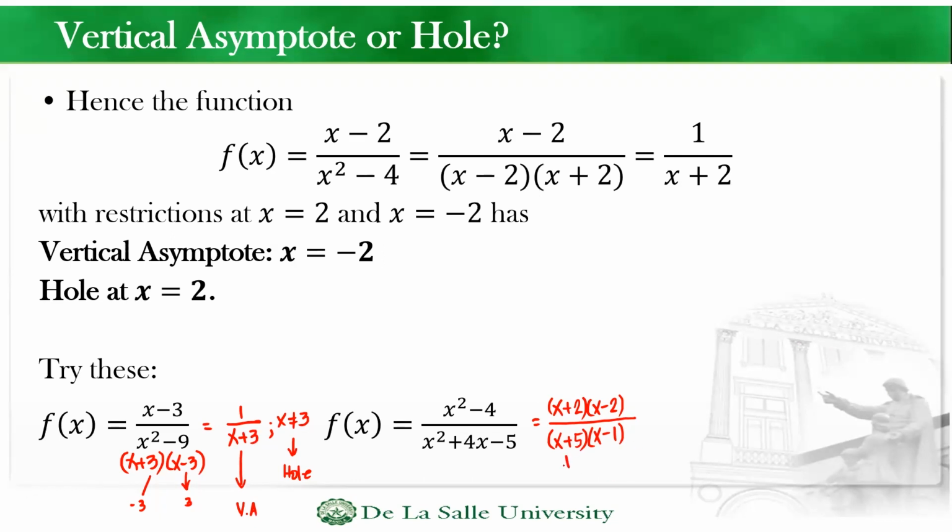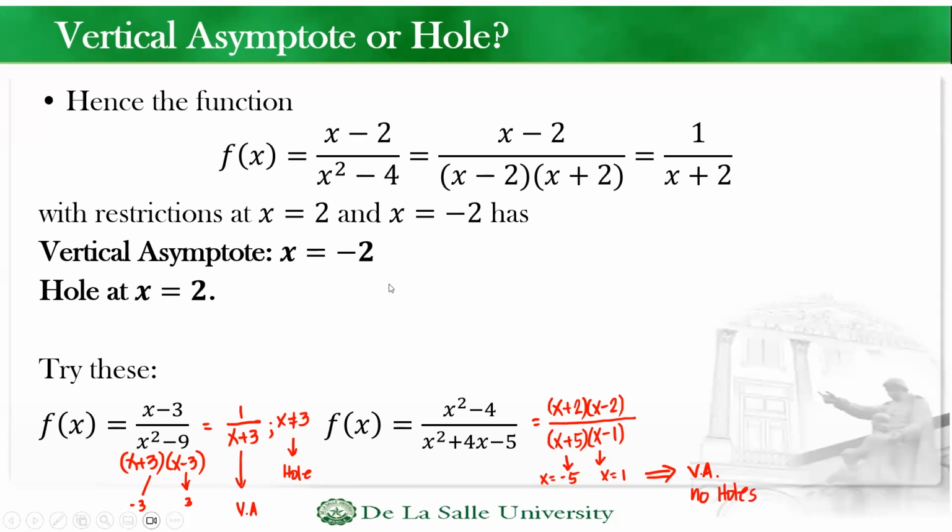So it can give you two values for x. x is negative 5 and x is 1. Since both values didn't cancel, I can see that there are two vertical asymptotes in here. And there are no holes, because nothing canceled out.